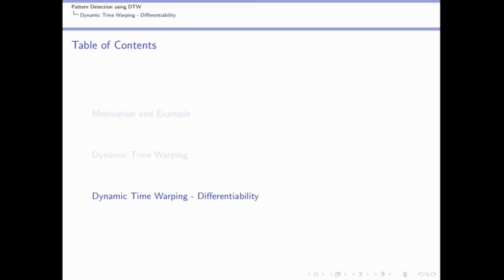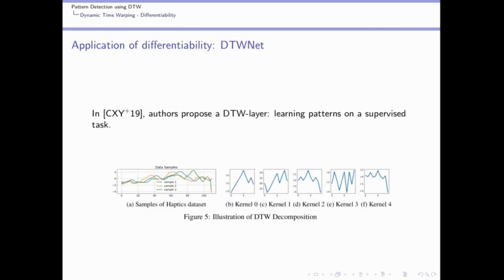We can use the alignment paths to recover a mean. Another idea was to learn it, and for this we would need differentiability.